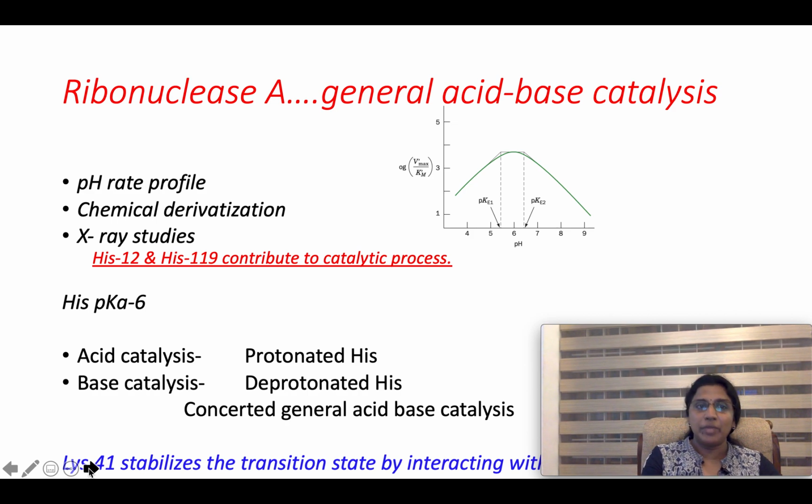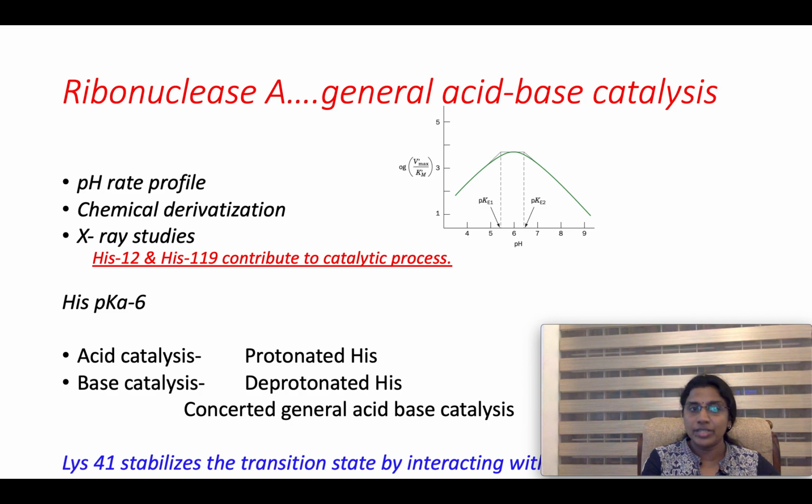Similarly, the pH rate profile of ribonuclease A showed a peak at around 6, indicating the presence of histidine, and chemical derivatization studies, especially alkylation, and X-ray studies indicated the presence of histidine 12 and histidine 119 at the active site of ribonuclease A. This means that these two residues, histidine 12 and histidine 119, contribute to the catalytic process.